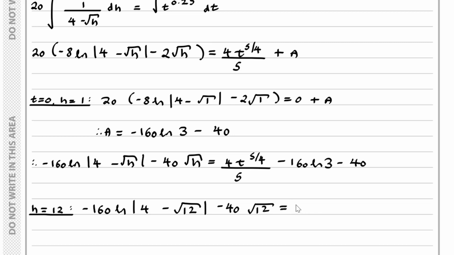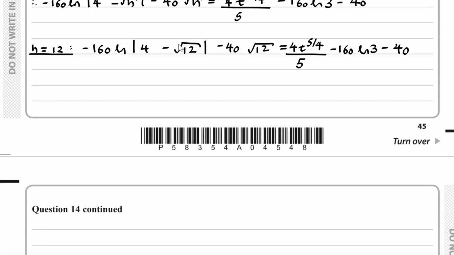This of course is equal to 40 t to the 5 over 4 over 5, minus 160 times the natural log of 3, minus 40. So what we can see over here is that 40 t to the 5 over 4 over 5, let's work this out.